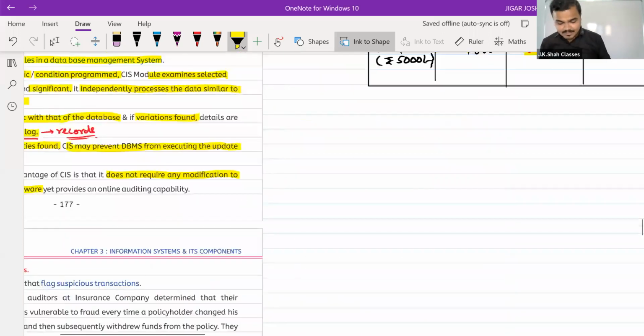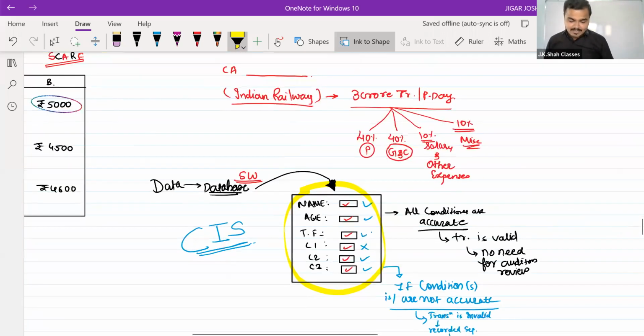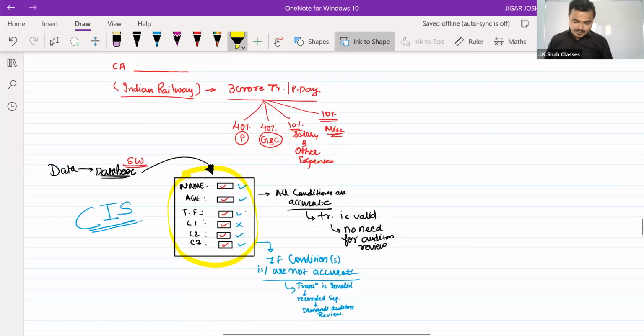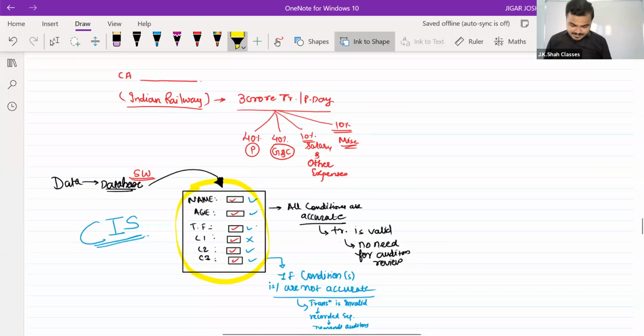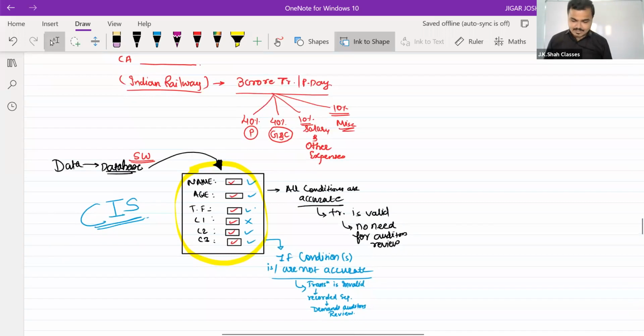Now I request my dear chartered accountants to please draw this diagram in a very perfect manner. First, you will write down your name also. Yes, sir. As a chartered accountant, and then subsequently the full story.